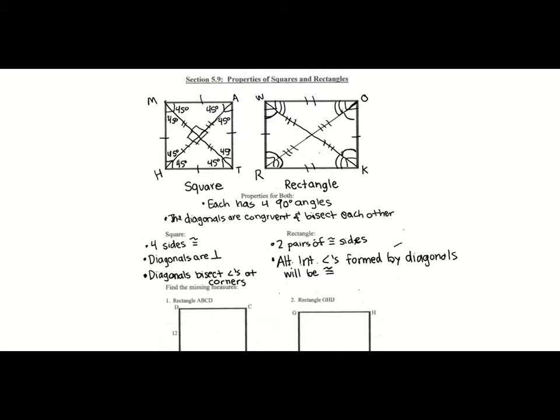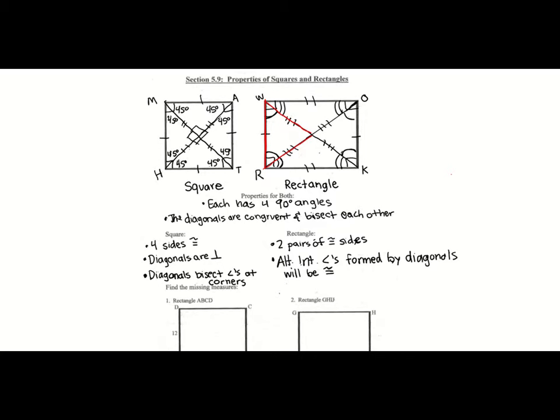If you look at the inside of that rectangle, you'll notice that there are isosceles triangles created. So right here we have one of them, an isosceles triangle, because our two angles and our two sides are congruent.